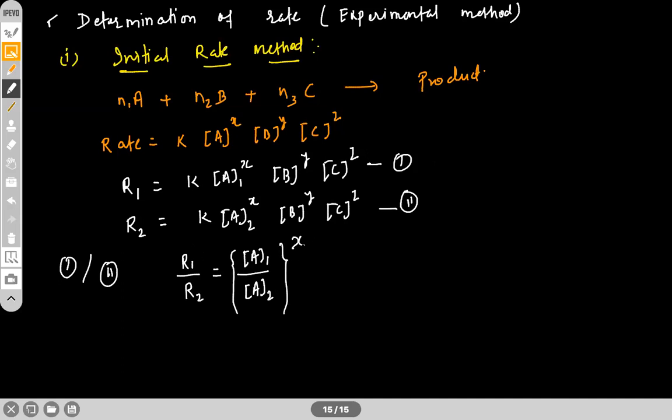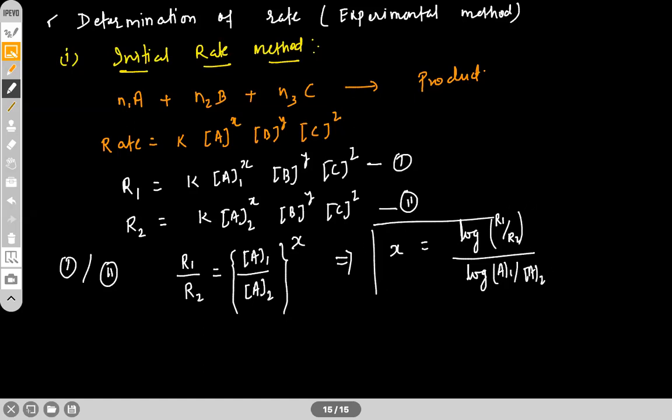Remember, this x is the order of reaction with respect to A. Now we can find out this x because we know R1, R2, A1, A2. So x equals log of R1 by R2 divided by log of A1 by A2. This is the value of x, which is the order of the reaction with respect to A.